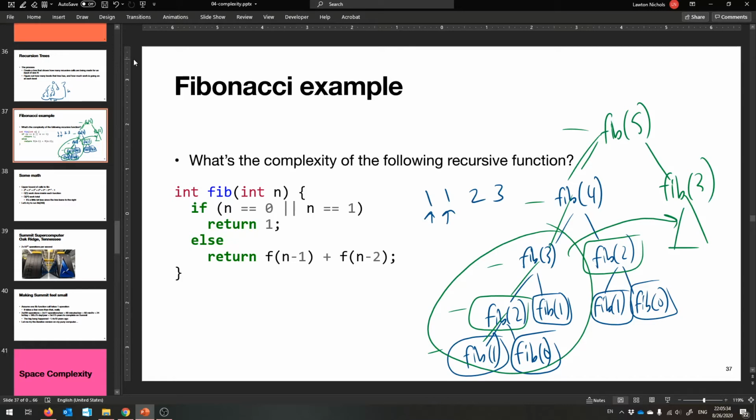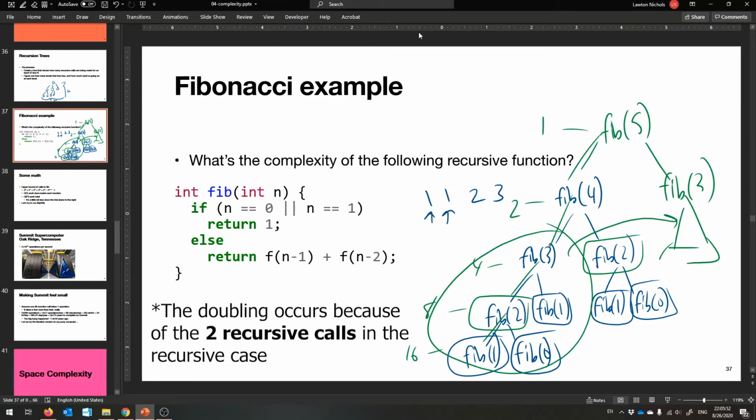At this level, there's 1 thing. At this level, there's 2 things. At this level, there's 3 things. At this level, there's 4 things. And then here you can see there's going to be 4 here and 4 over here if we generalize. So now there's 8 and there's 16. It's all doubling. Oh no, oh no.